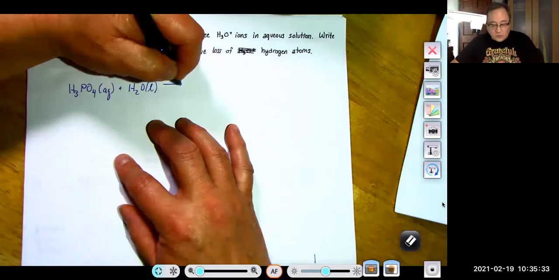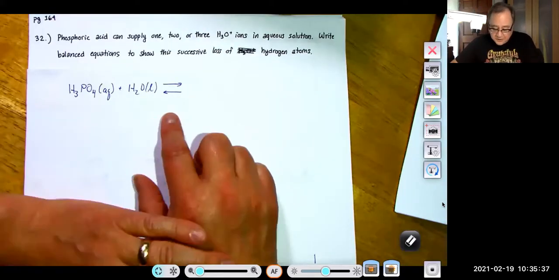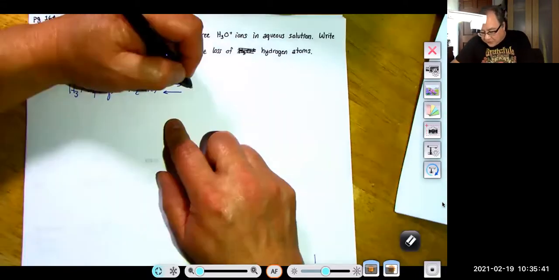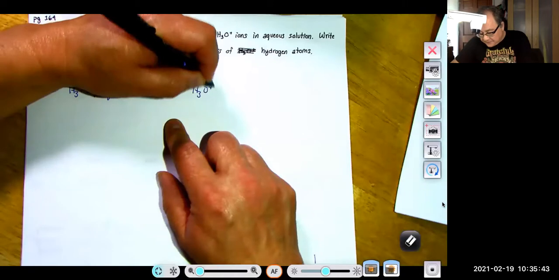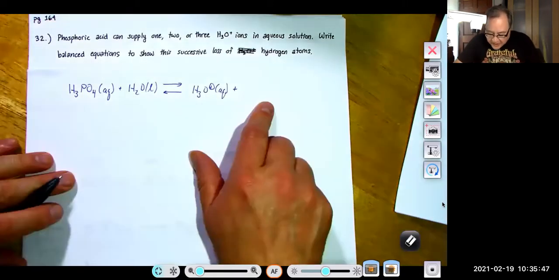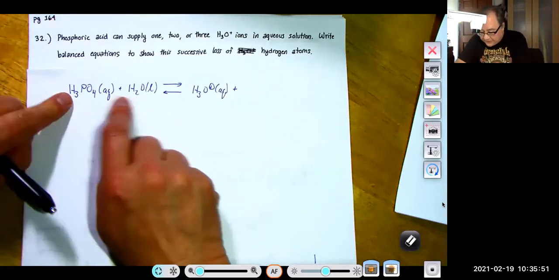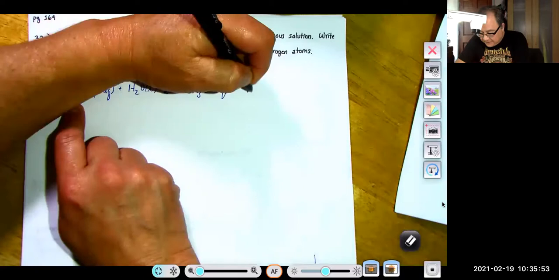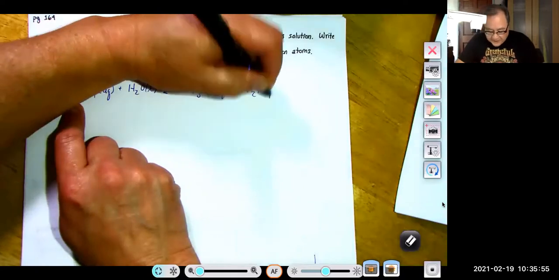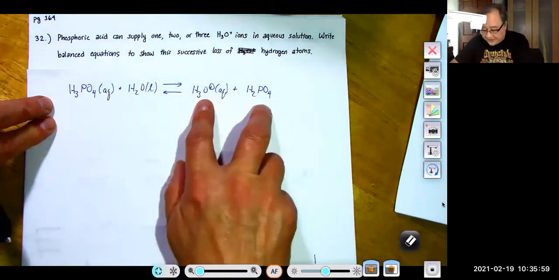Now I know that this is a weak acid. That's why I have 2 arrows here, okay? So I like to write my H3O plus first. And what's going to remain is, well, since I have 1 extra hydrogen here, I have to have 1 less over here. And since these 2 are neutral, these 2 have to add up to being neutral. So that's got to be a -1.